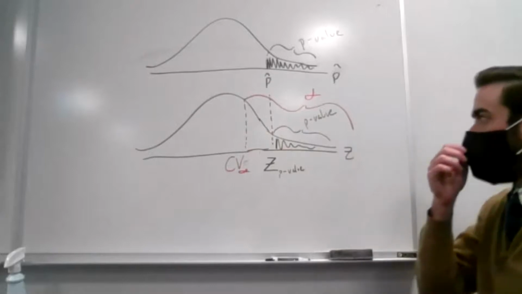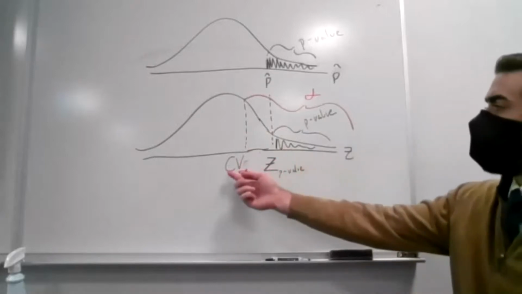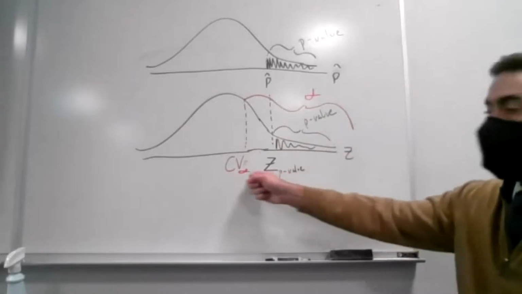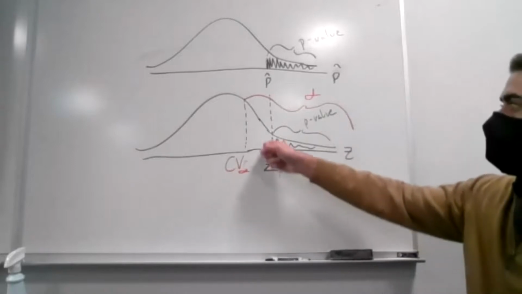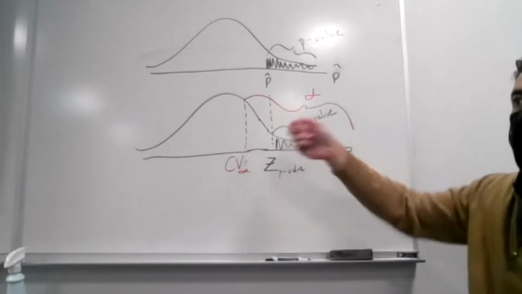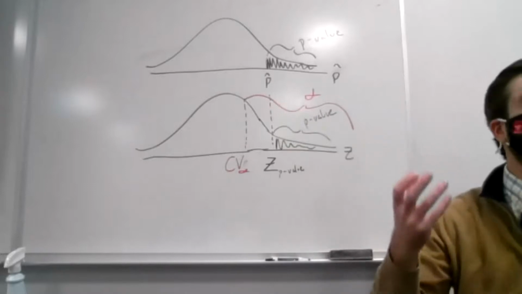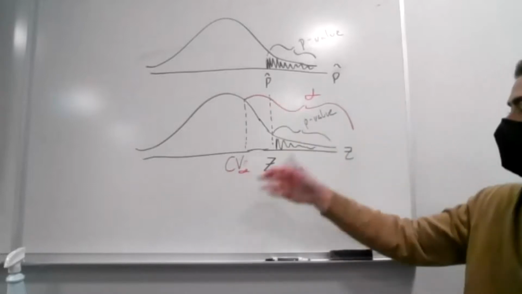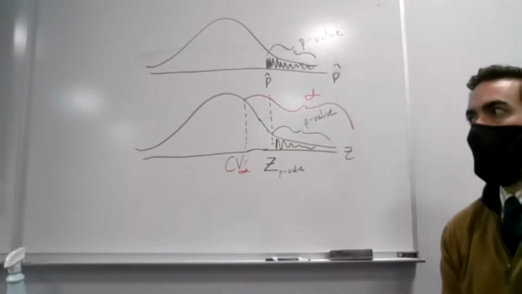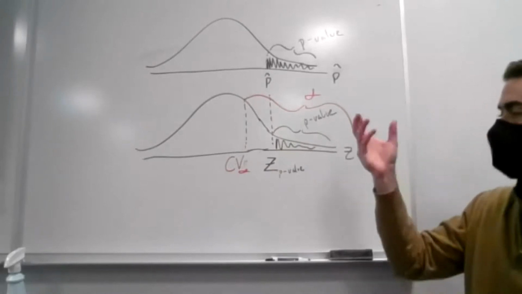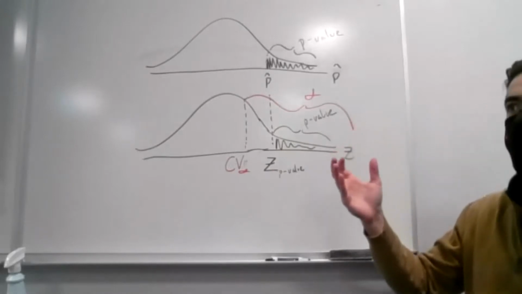So in the critical value approach, I'm comparing the z-values. In the p-value approach, I'm comparing the area in the tail, or the probabilities of seeing these values or anything greater. So it's like two ways of looking at the same thing.